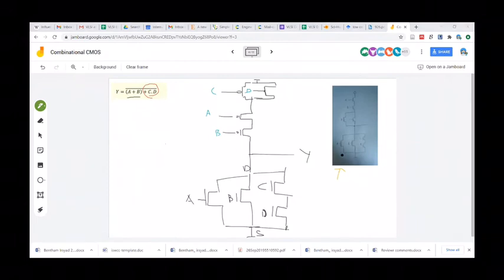Now next group, group 4. Okay, so this one is VDD. I think the C and D transistors don't have enough bubbles. To complete the transistor, the CD on the PMOS side, there's no bubble here.